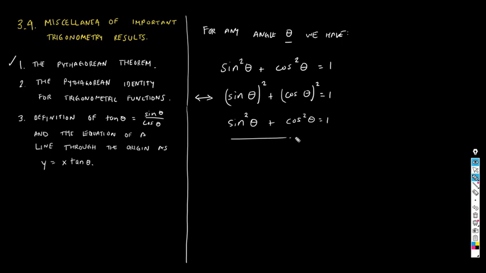Now, that's not to be confused with this. If you are shown something like this, what this means is the sine of theta to the square. The square is being applied only to the angle, okay, not to the whole function. This is not the same as this. What this means is the sine of theta, all of that to the square.